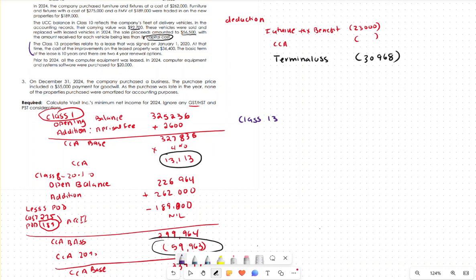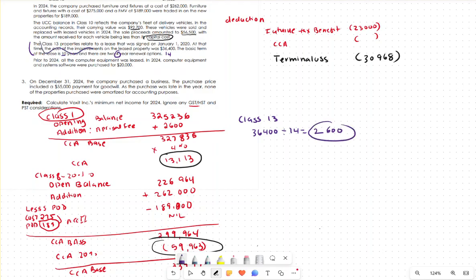So the life of the lease was 10 years, and we are allowed one renewal, so the amortization is on a straight line basis. The CCA that we are allowed will be over the 14 years, and that will be my 2600. So that's the CCA on class 13.